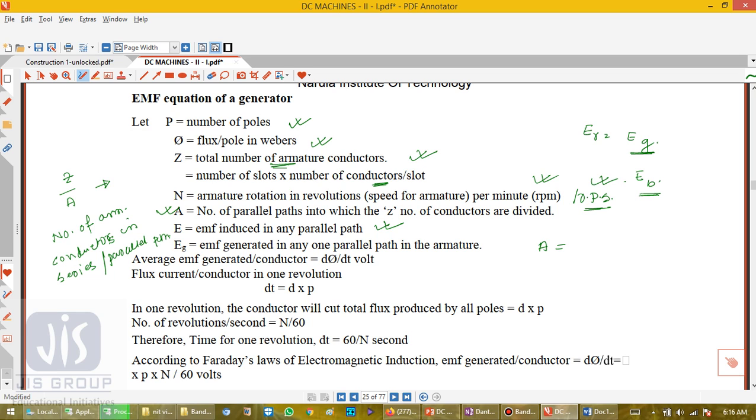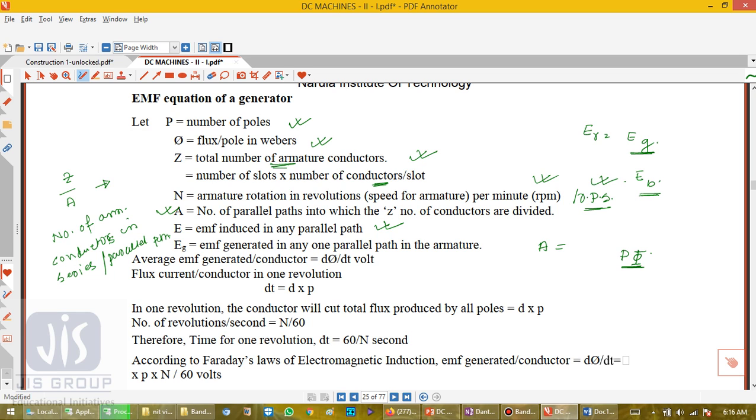Since the flux per pole is phi and the number of poles is P, the total flux is P phi. This is the flux a conductor cuts in one revolution.